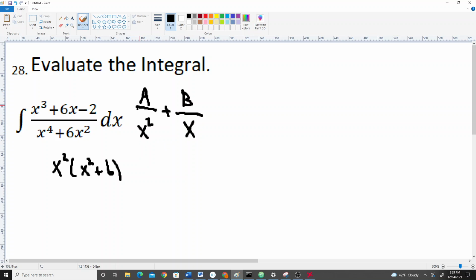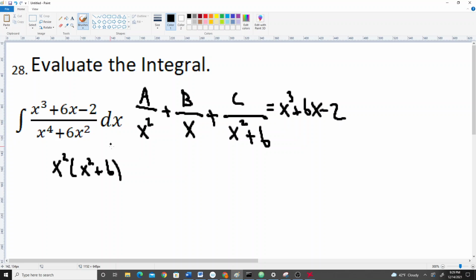So you have a over x squared, then you have b over x, decreased by 1 to get to the first power, and then that's it, or everything else if there's other things to add. Here we have x squared plus 6, so that would be c over x squared plus 6 is equal to x cubed plus 6x minus 2.